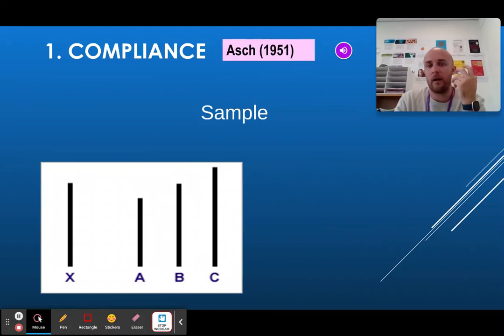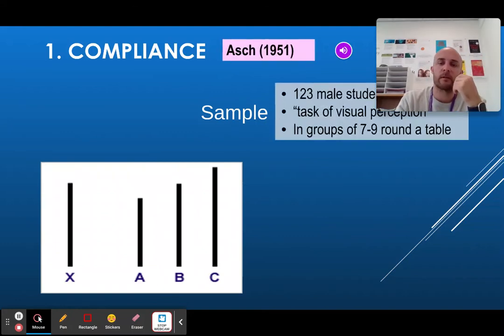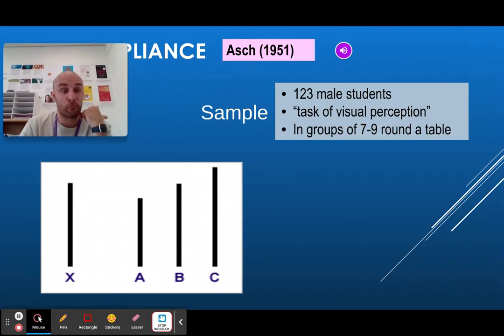It was done in the 50s. There were 123 real participants, who were told that the task was a task of visual perception, but that was a lie. It was not a task of visual perception, of how you perceive information in front of you. It was a task of conformity, so Asch lied to his participants.